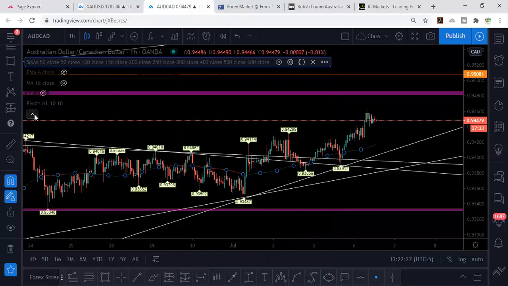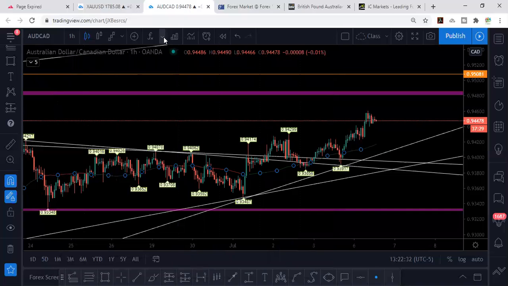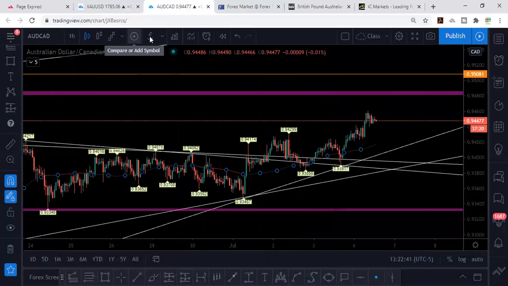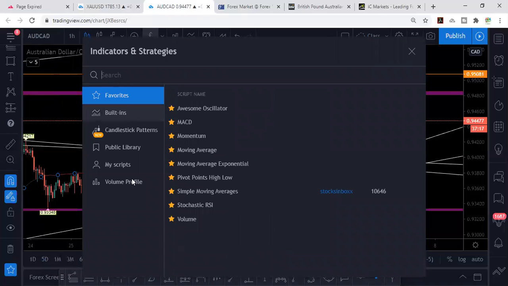So make it your favorite. Click on this FX. Okay, search for the simple moving averages again, and then you can start. Okay, yeah, seen it. All right, bro.